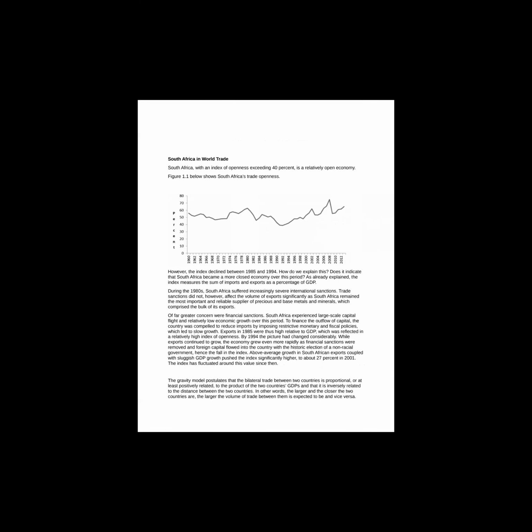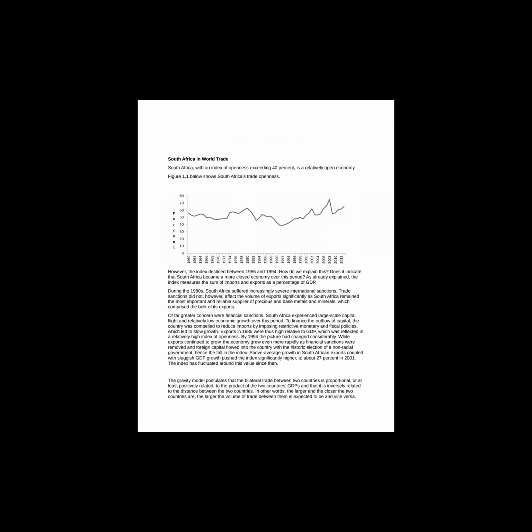Under international trade, if you bring South Africa into the context, here is a graph. This one talks about trade openness, South Africa's trade openness, and this is measured by adding your exports and your imports and dividing by the GDP in that particular year, right?